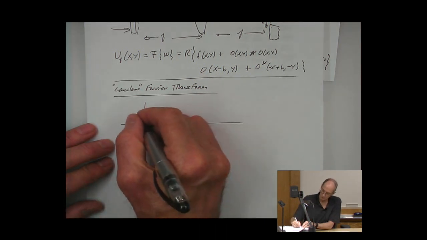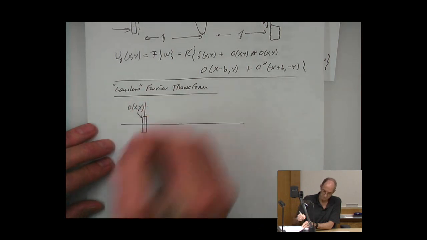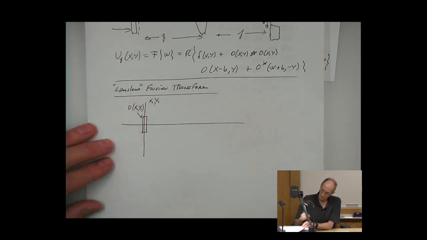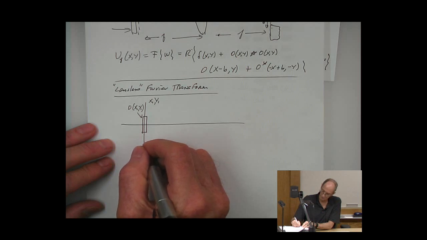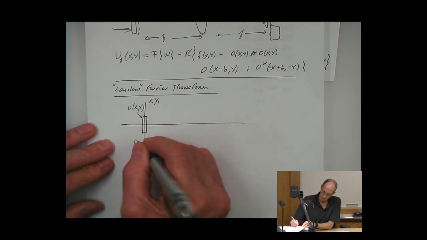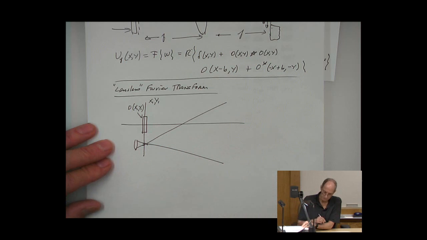So here is O, this object transparency, O of x1, y1. And then out here, we're going to put, again, a little lens and a hole in that screen, focus the light down, and let it project out there.